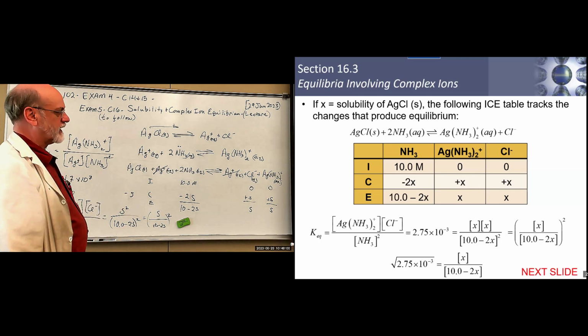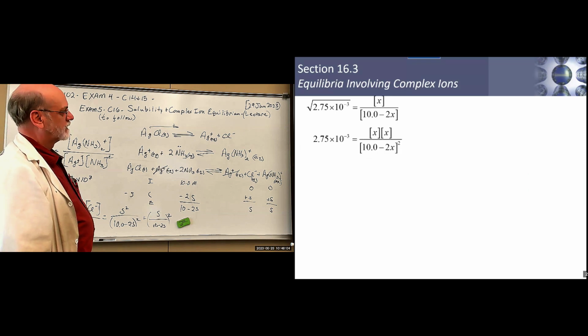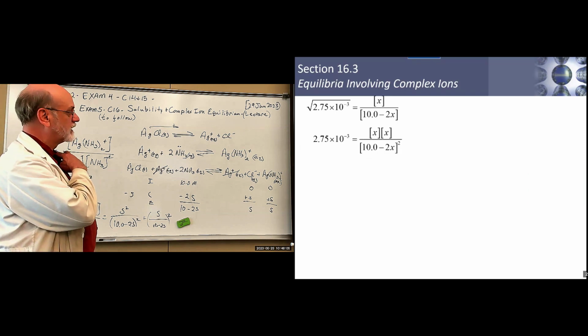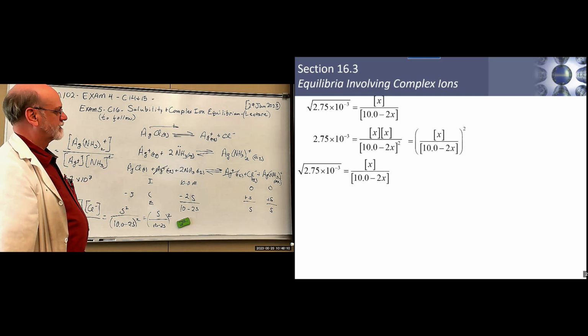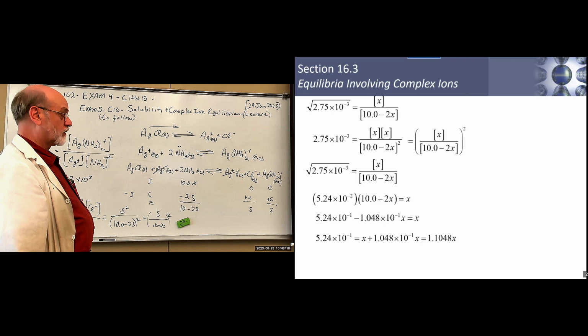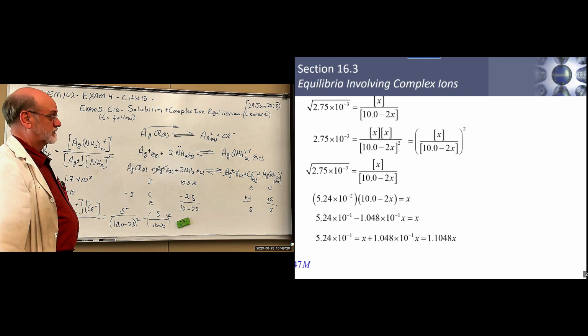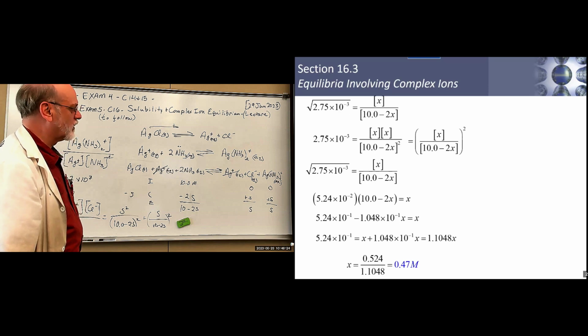And then if we solve for X, get it on the next slide. There we go. Then if we solve for S in my case, there we go. And now we don't have any squared S's. We just have to solve for the S, 0.47 molar.